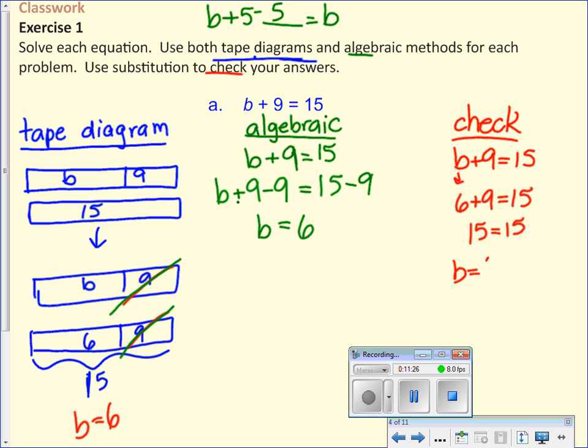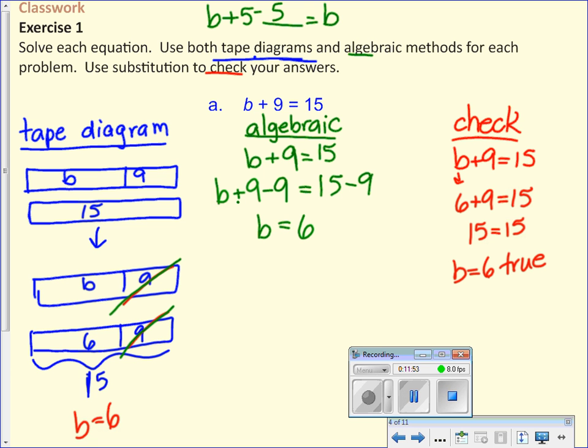So when b equals 6, that made it a true statement. Now suppose I got 16 equals 15. That means that's not equal. That means I made a mistake somewhere. So if both sides of the equal sign don't equal on your check, that means you made a mistake somewhere and you have to go back and find it.